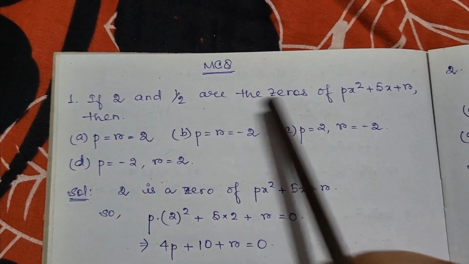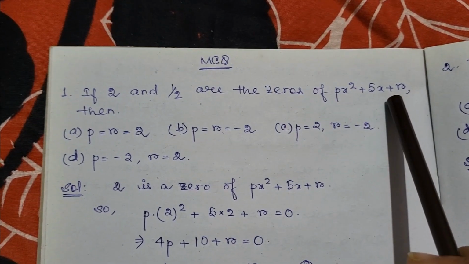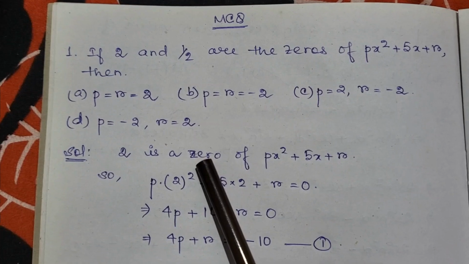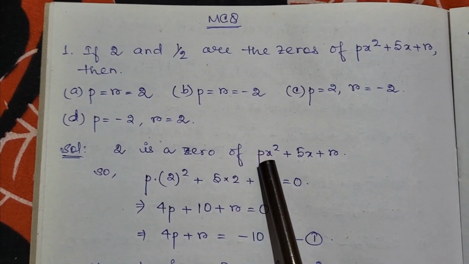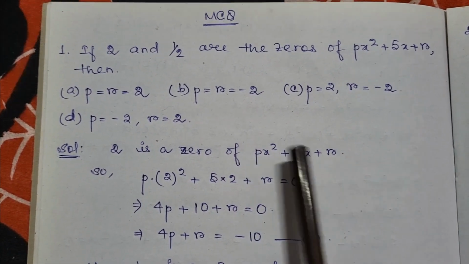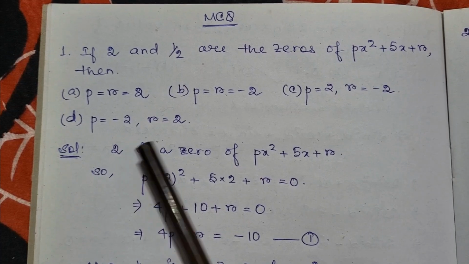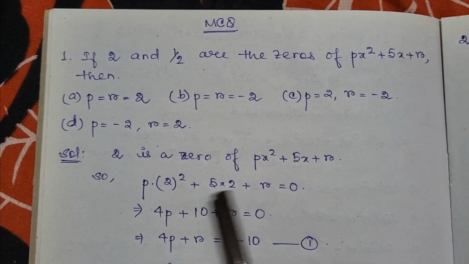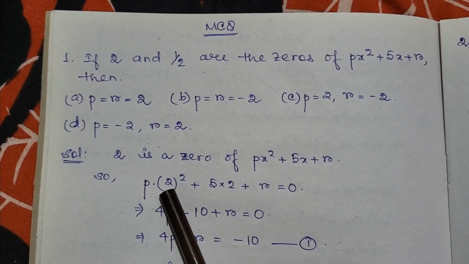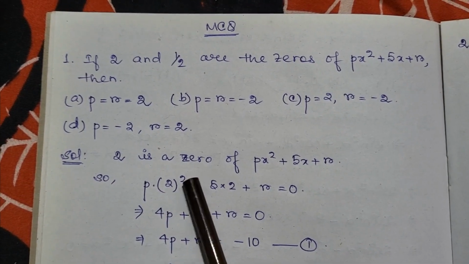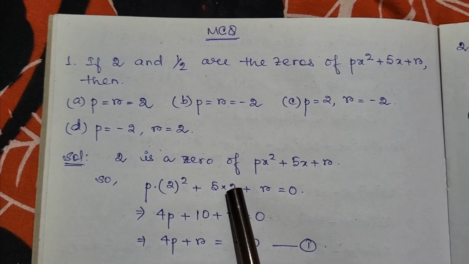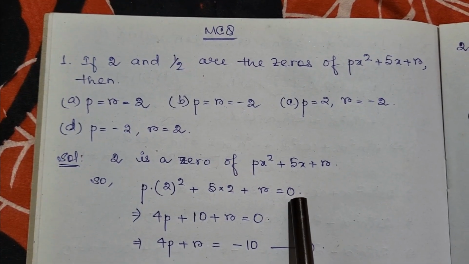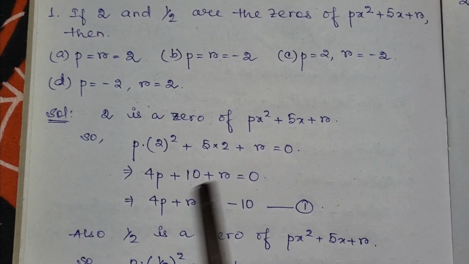So if 2 is a root of px square plus 5x plus r, then if we put the value 2 in the place of x, we get p into 2 square plus 5 into 2 plus r is equal to 0, since 2 is a root of the polynomial.